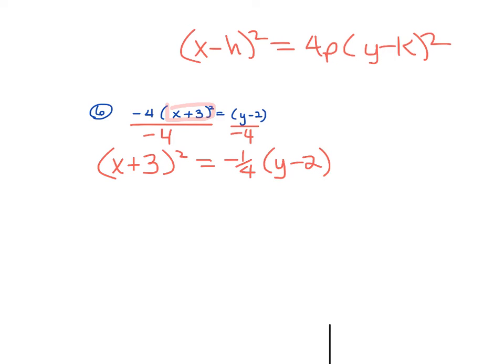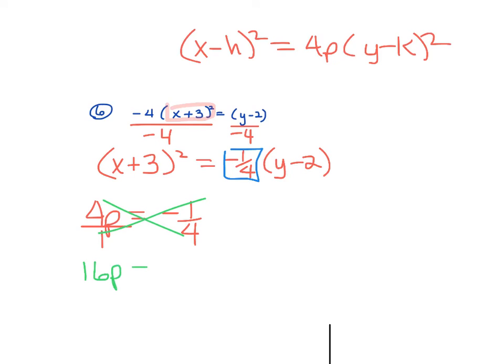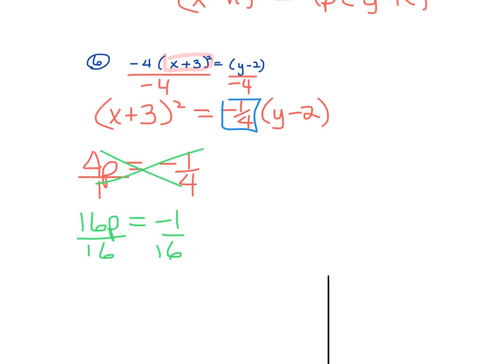So now my 4p value is right here. So 4p equals -1/4. Again, I'm going to put a 1 here and cross multiply. So I get 16p equals -1. Divide by 16. And p equals -1/16. So this is going to be the distance I'm going to move.